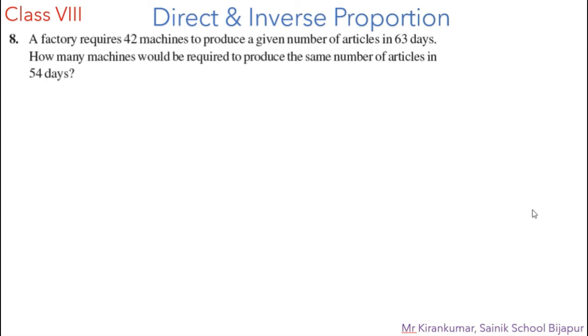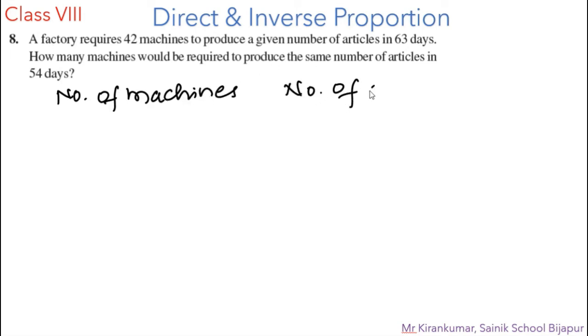Question 8. A factory requires 42 machines to produce a given number of articles in 63 days. How many machines would be required to produce the same number of articles in 54 days? Here, let me mention the number of machines and the number of days.